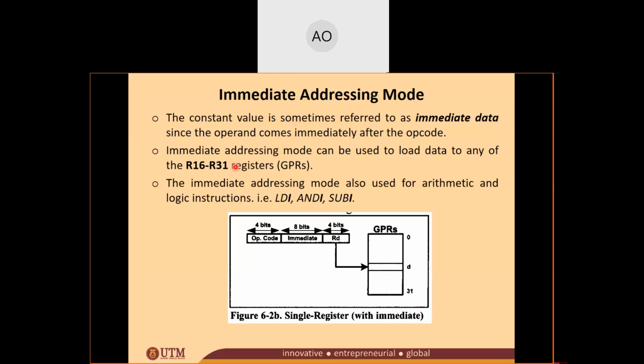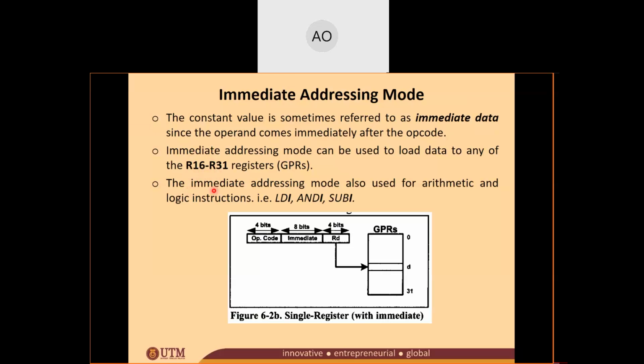Immediate addressing mode can be used to load data to any register from R16 to R31 only, because you're using immediate data. The GPRs that you're going to use are from R16 to R31 only.